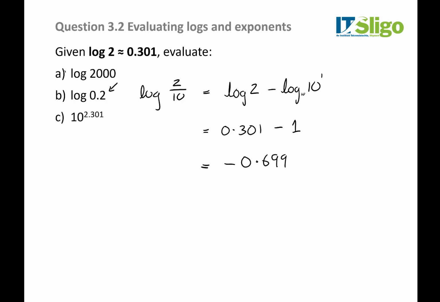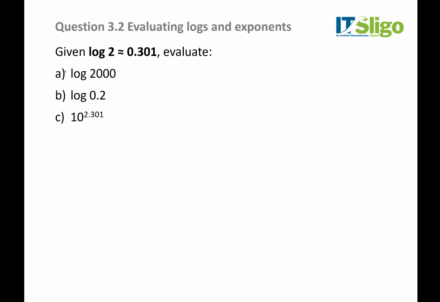Part 3. Evaluate 10 to the power of 2.301. This just requires a little bit of different thought. Remember, it's 10 to the power of 0.301 multiplied by 10 to the power of 2, just using our rules of powers from our first lecture, exponents.